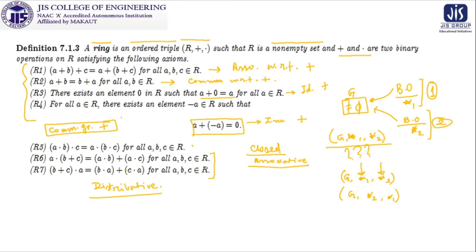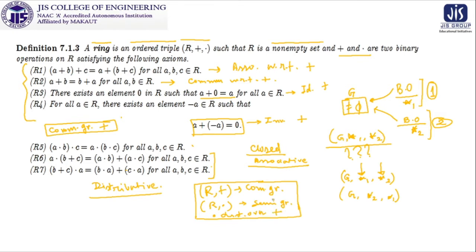So we can see it in some different manner also. That is, (R, plus) is a commutative group, (R, dot) is a semigroup, and dot is distributive over plus.